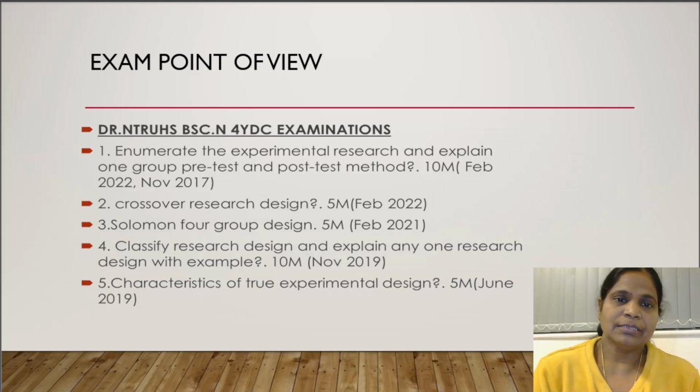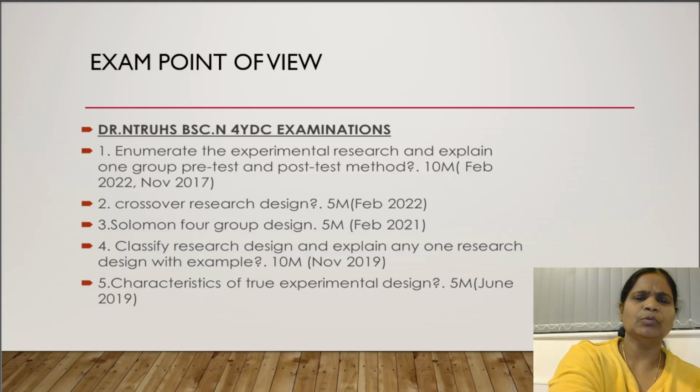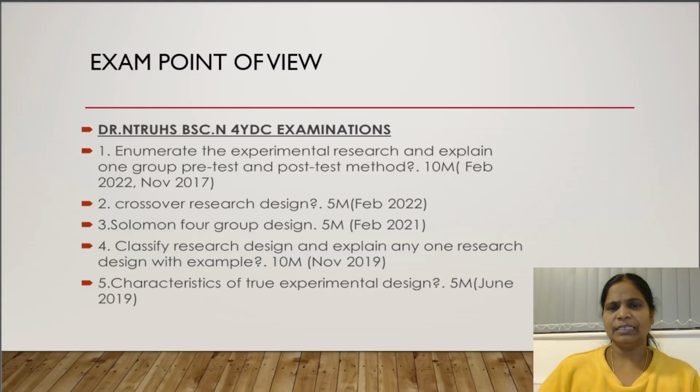If you just look at the slide, there are some questions which are written here. First one: enumerate the experimental research and explain one group pre-test and post-test method. It is a 10 marks question which was asked in 2022 as well as 2017. We've got crossover research design, which I discussed in my previous video, which is a 5 marks question.